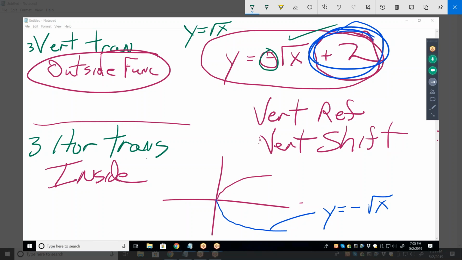We're dealing with negative root x plus 2. So we have to apply the plus 2, which we've already decided is a vertical shift. So how do I vertically shift this by 2 units up? Exactly.